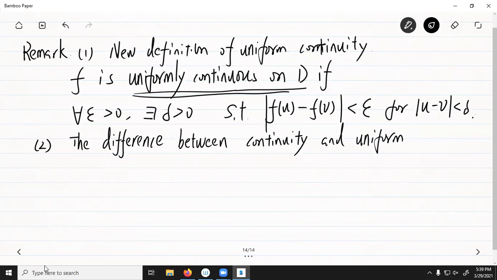We know the statement is a little bit different, right? How can we see that on the graph? Okay, so let's look at this one.